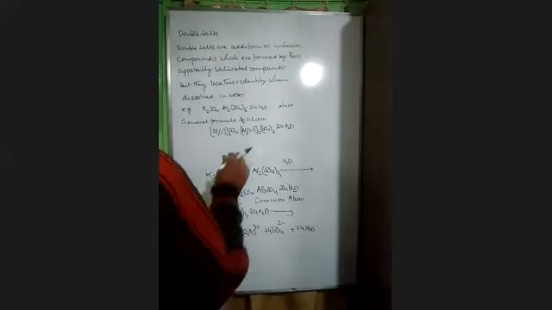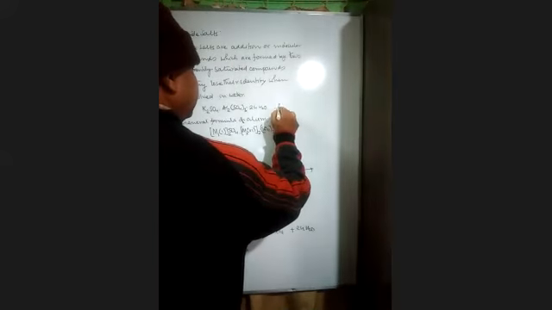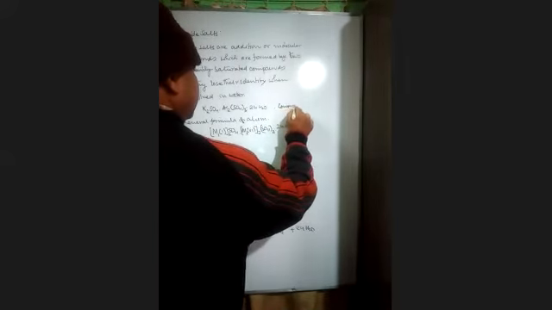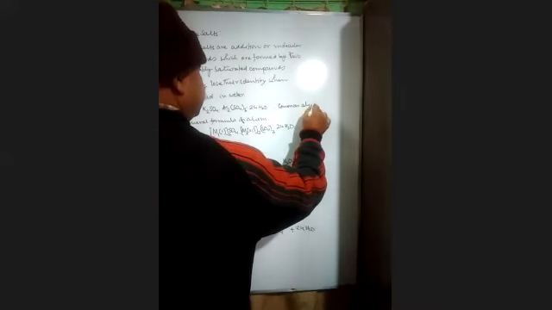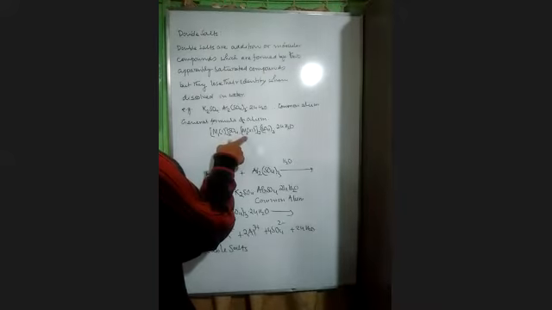So this is the common alum. A few examples you should remember. It is a univalent metal and a trivalent metal.